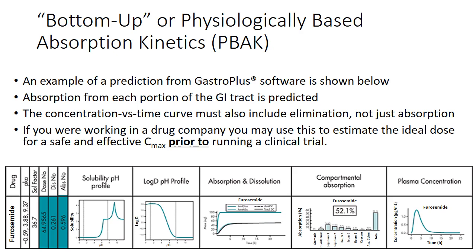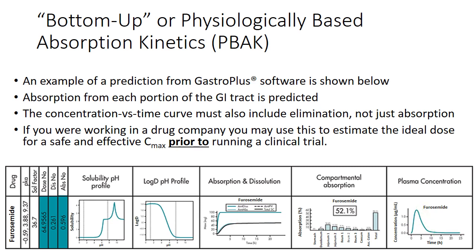and also the government. And this is the actual plasma concentration profile of furosemide. Down here was the dissolution and the absorption, how much is absorbed over time, and this is the actual plasma concentration over time.